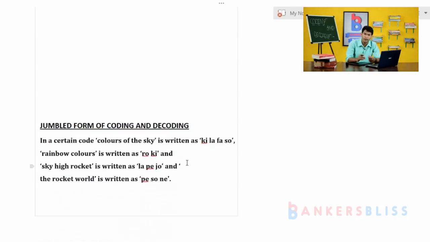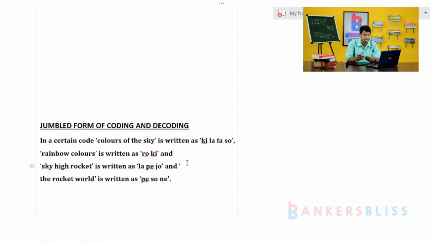Is it clear why we call it jumbled? Because we don't know the exact code for the given statement. That is the reason we call it a jumbled form of coding and decoding.